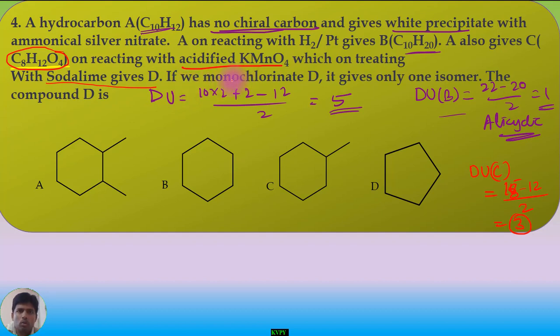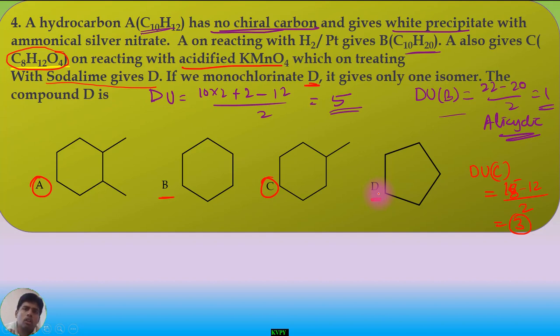If we monochlorinate D, it gives only one isomer. Because it should give only one isomer on monochlorination, it's very clear that it cannot be A or C, because they have more than one type of carbon. So monochlorination will give more than one isomer. But B and D have only one type of carbon.